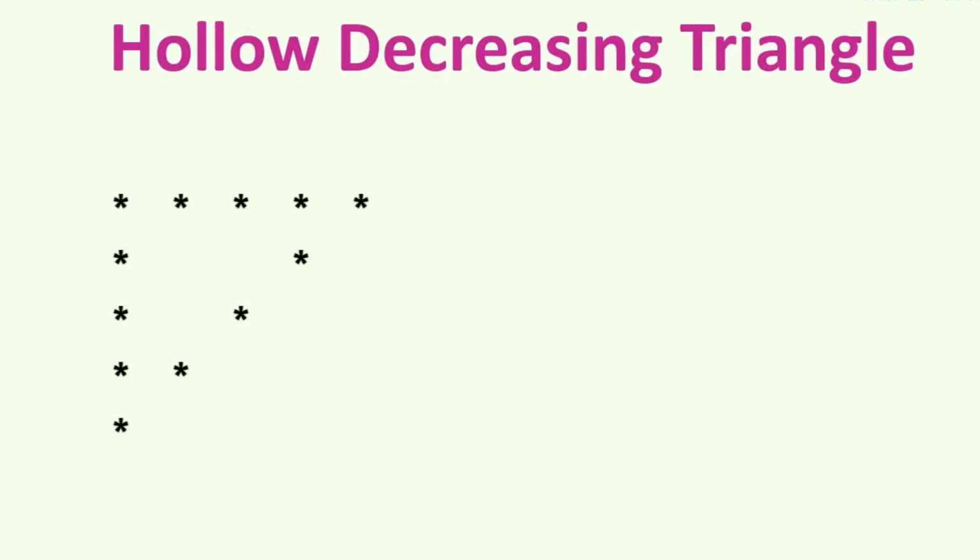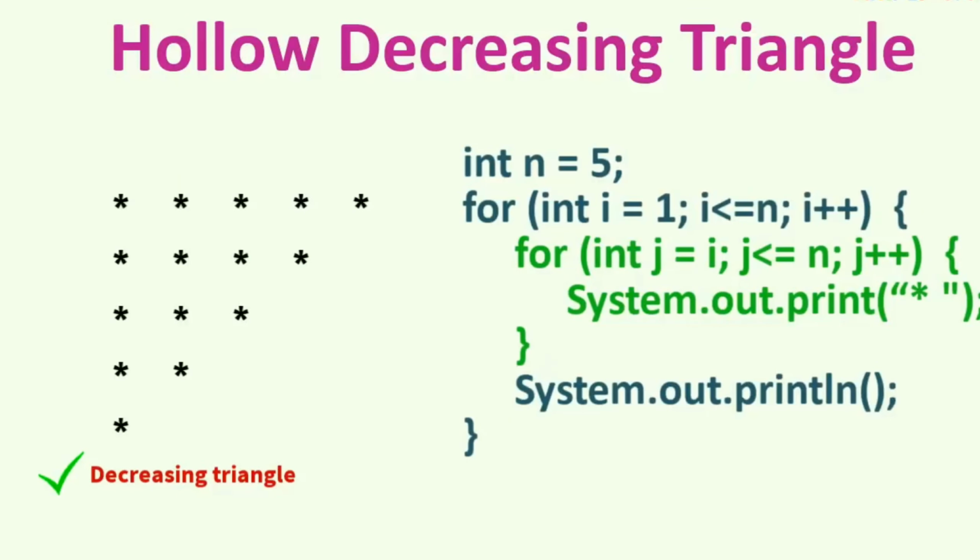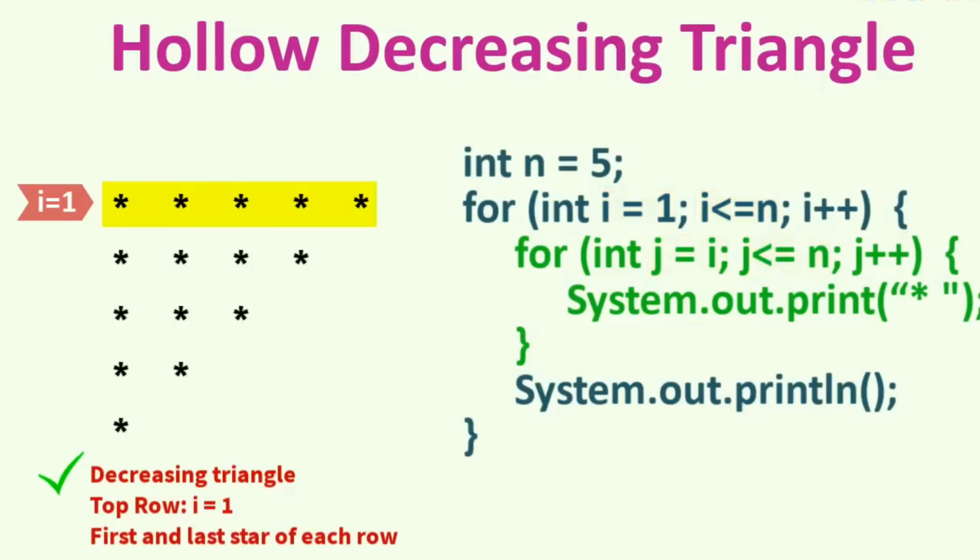Let's try the same for the hollow decreasing triangle pattern. We will first get the code which displays the solid decreasing triangle pattern with star. The decreasing triangle has an outer loop from 1 to n and an inner loop from i to n. Now here we want the top row and again the starting and ending star of each row.